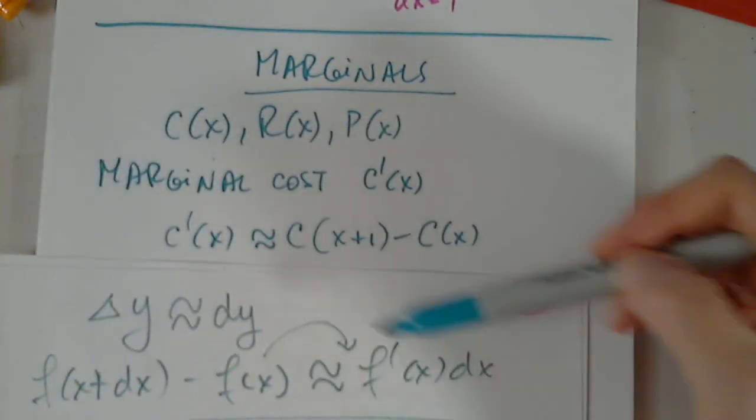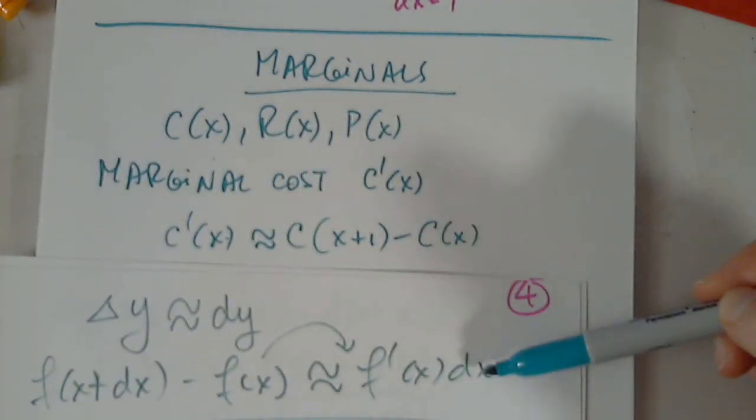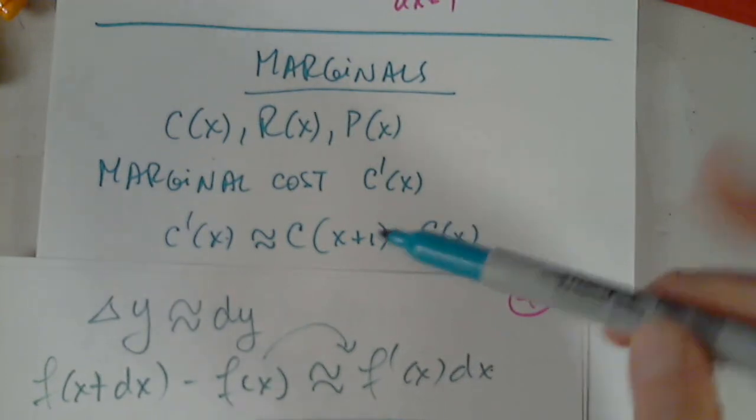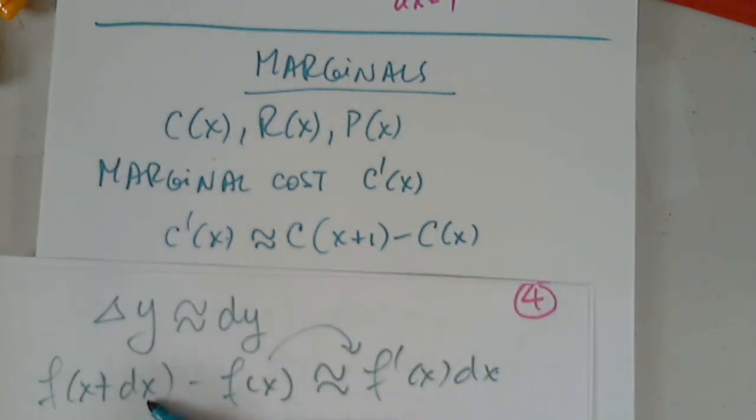where f prime of x dx, with dx being 1, and this is c of x plus 1, and this is c of x.